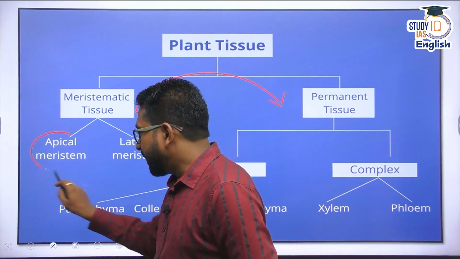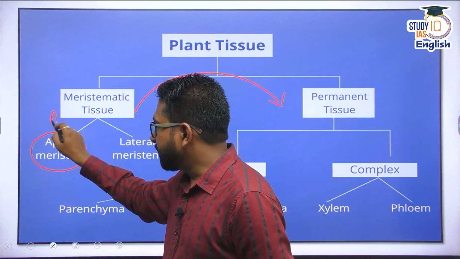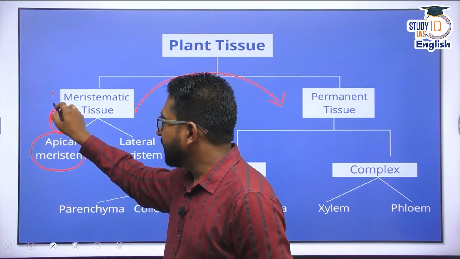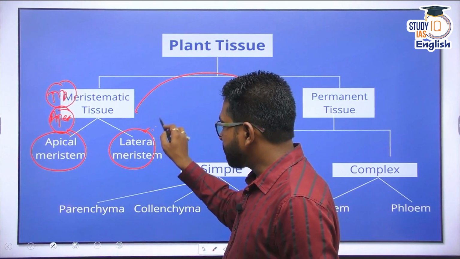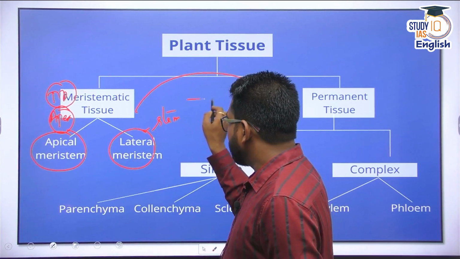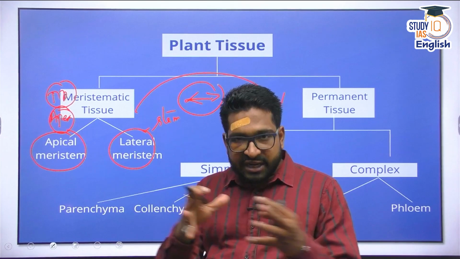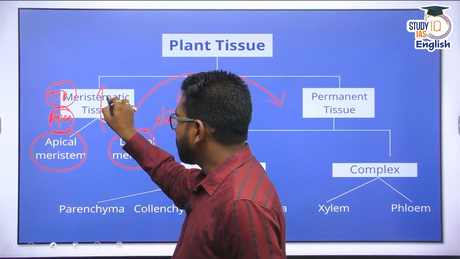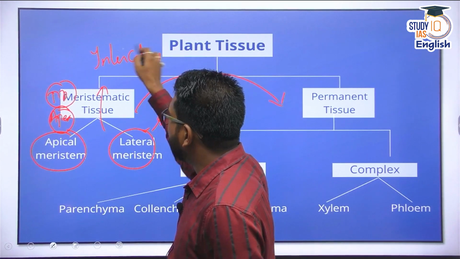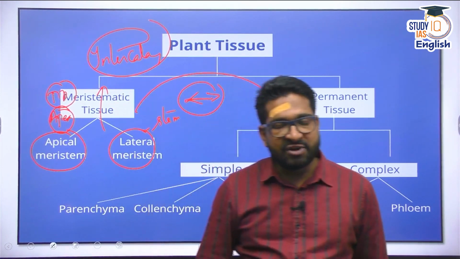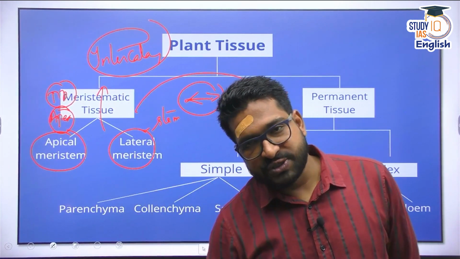You find apical meristem at the apex or at the tip. These are responsible for growth. There is lateral meristem, which is responsible for growth of the stem, that means widening of the stem. Apart from this, there is one more meristematic tissue. It is called intercalary, and this is normally found at the different nodes, for the development of leaves and branches.